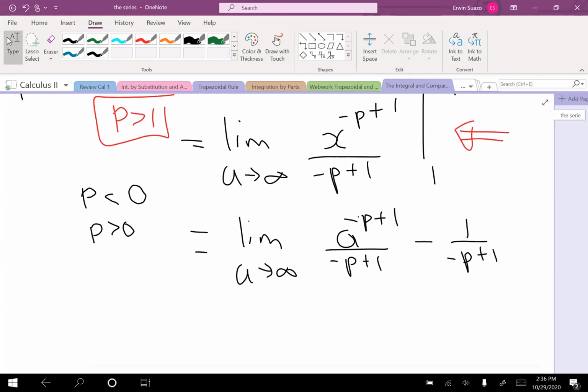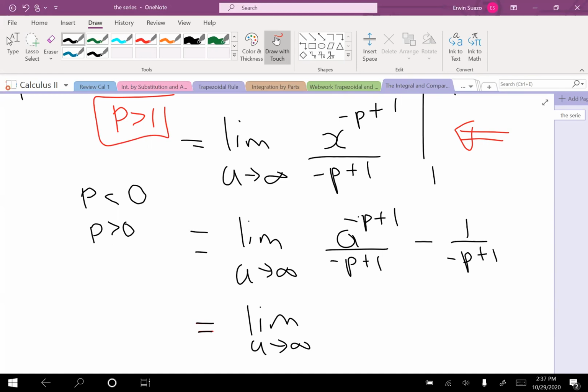So this will be fine. And when a goes to infinity, I'll get the limit as a goes to infinity. p is bigger than 1. So minus p plus 1 is positive or negative? Positive.